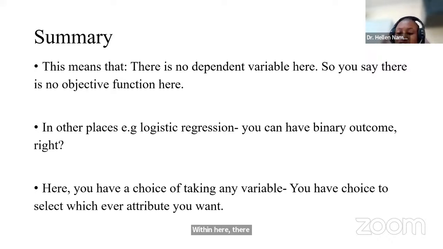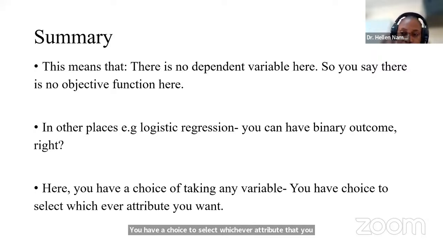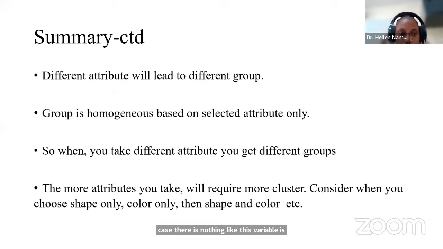And so you have a choice to take any variable you want, to select whichever attribute that you want, like the way I've explained in the previous slide. Depending on your variables or attributes, you choose any variable or attribute, because in this case, there is nothing like one variable depends on the other. Okay.